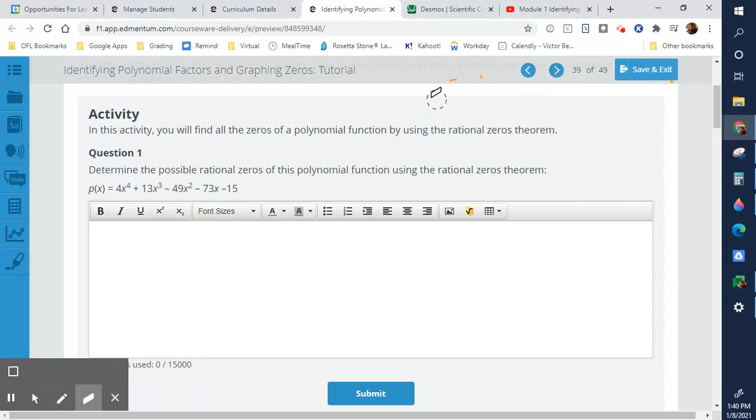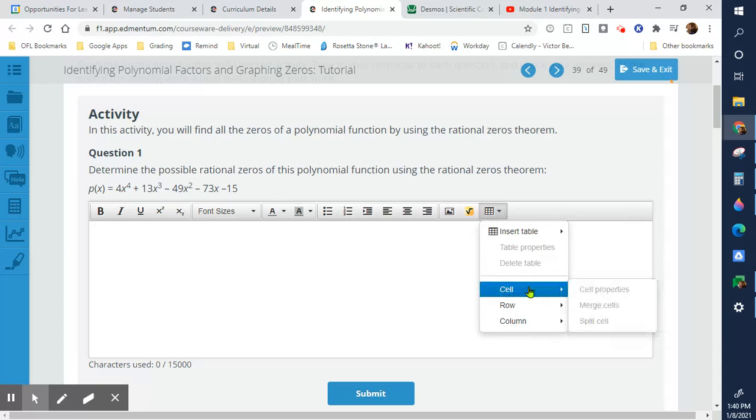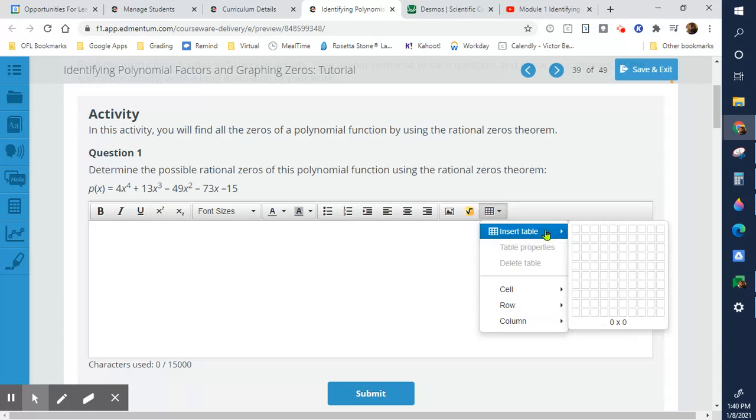So what I'm going to do is make a table to solve this. So I'm going to insert a table. We need a P, we need a Q, and then we need P over Q. And then we're going to do two. You can always insert a table to help out.